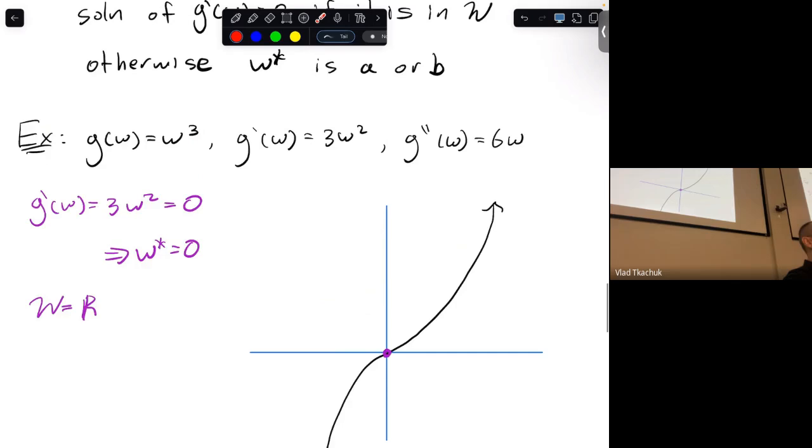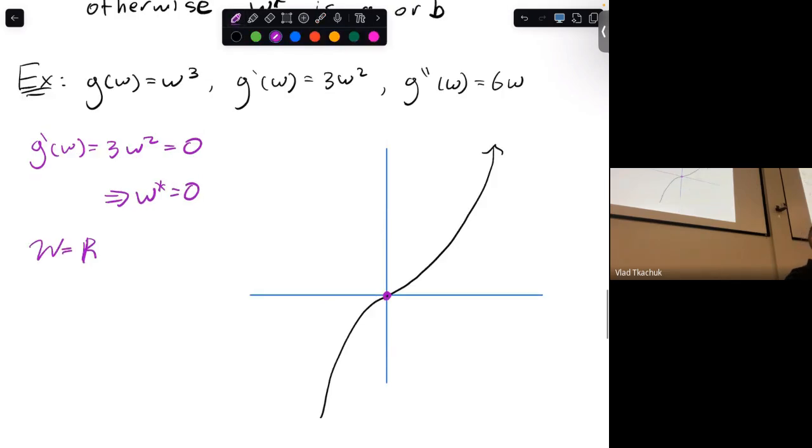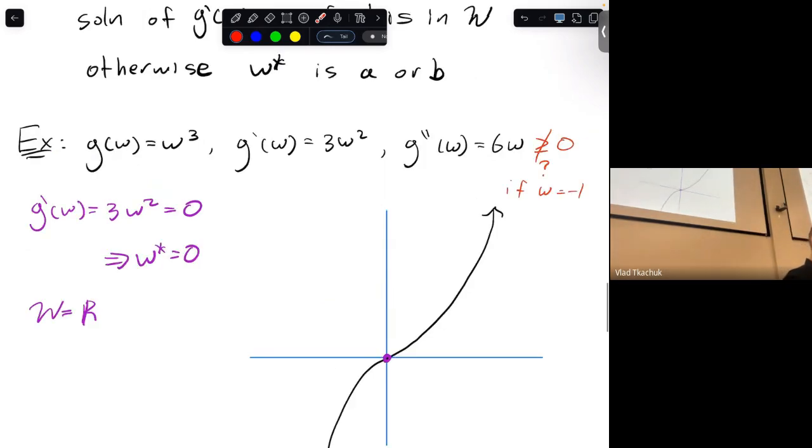And what went wrong here? Well, obviously, it's the fact that we needed to check if this is true. And of course, it's not true. So it's not greater than or equal to 0. For instance, if W equals -1. Okay. This is where convexity goes wrong, and you have problems, and so on.